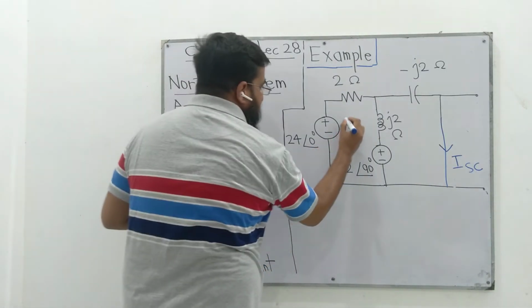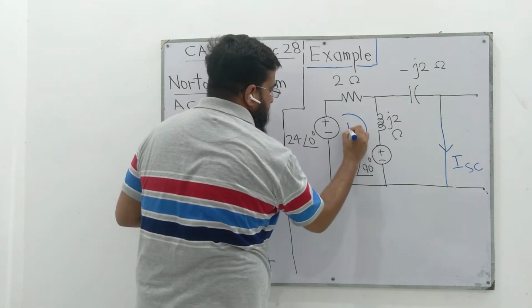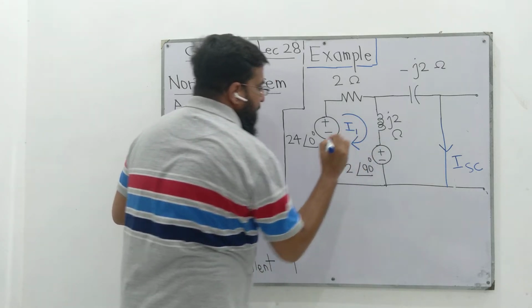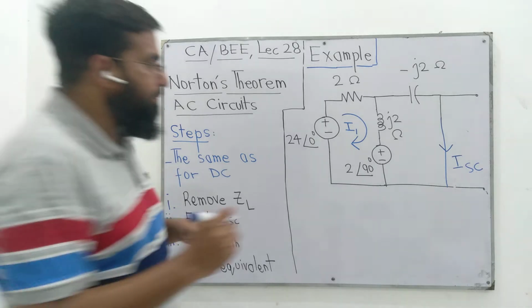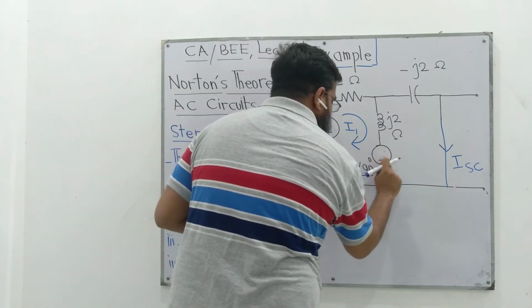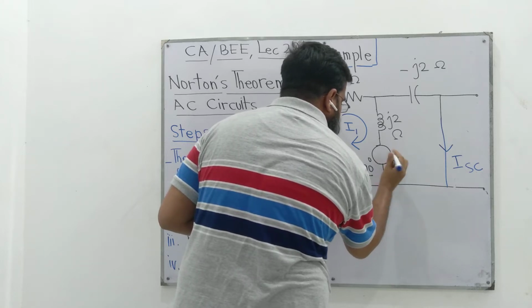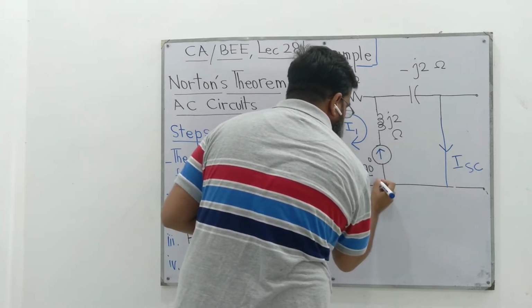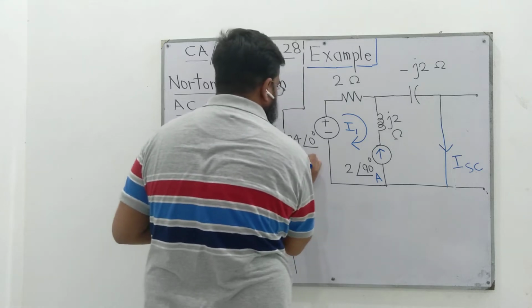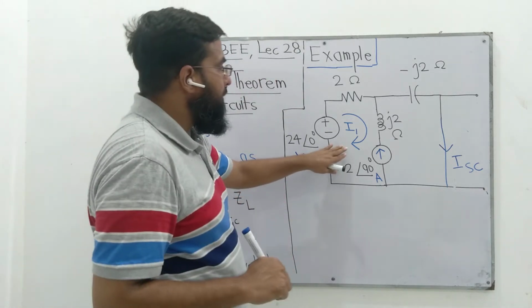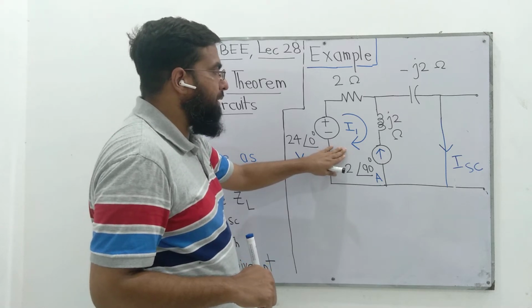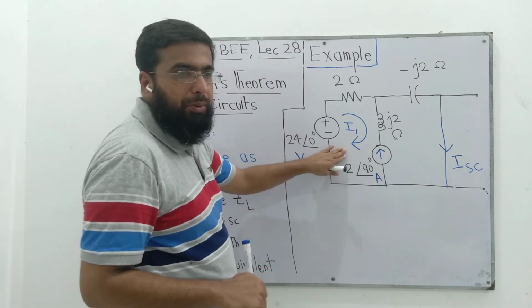Let's apply loop analysis, assuming this to be loop number 1. This is a current source. We'll assume this as the first loop.